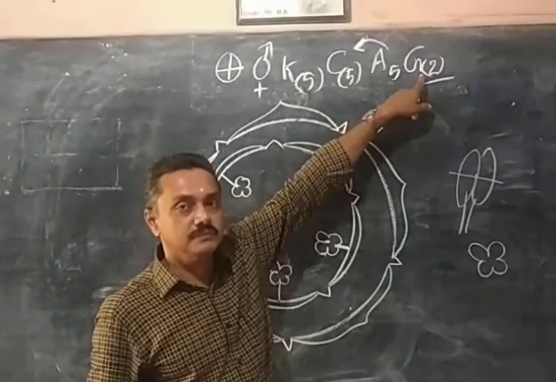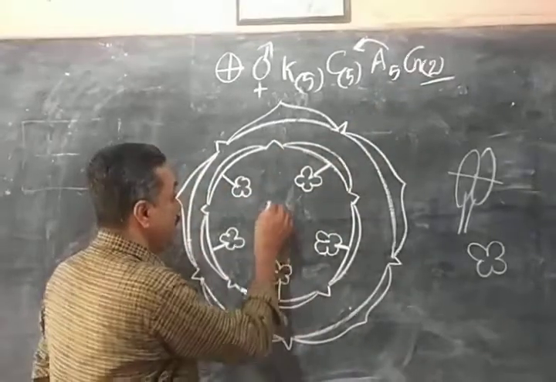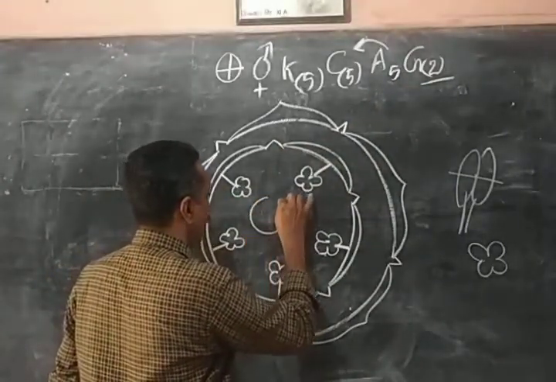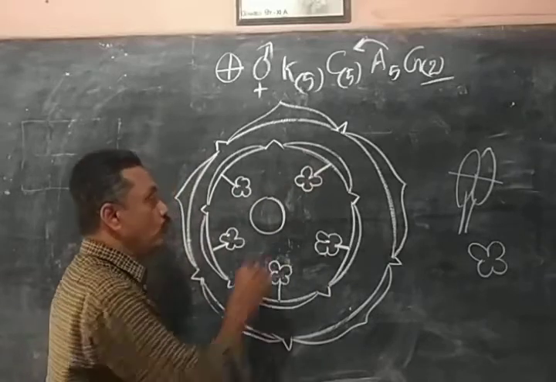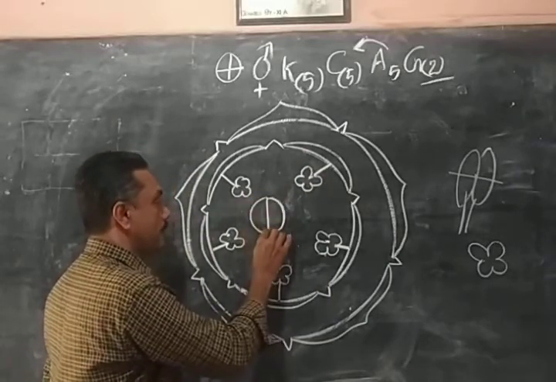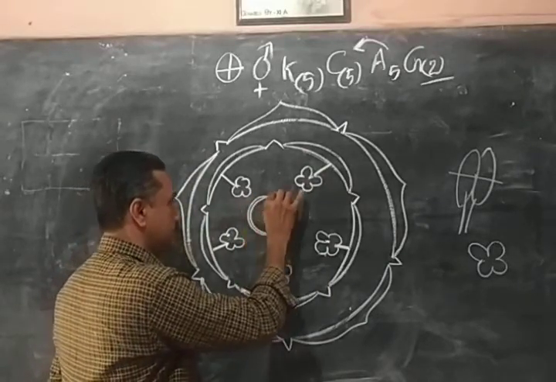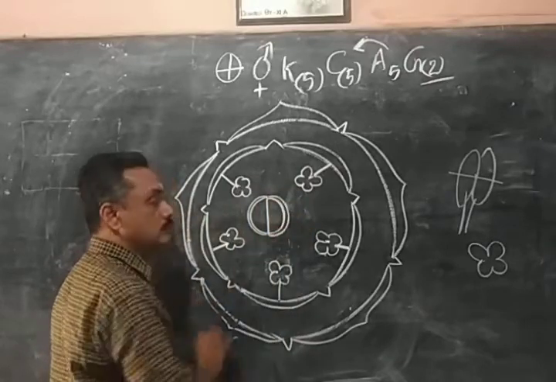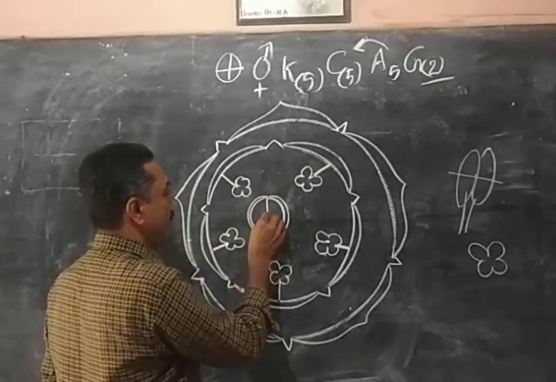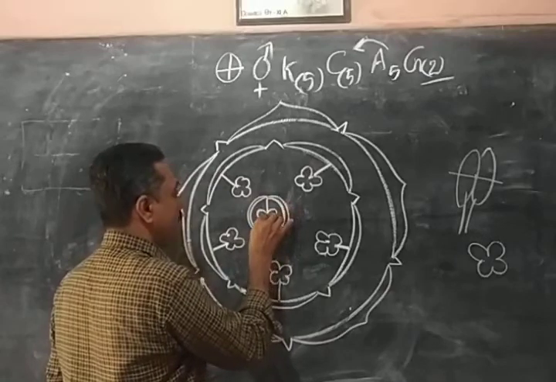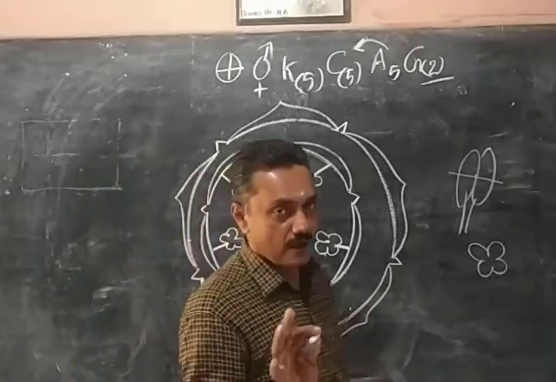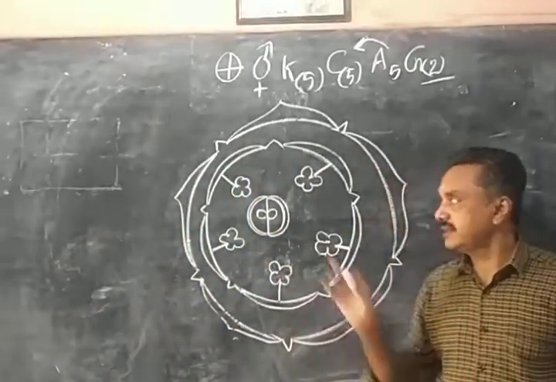Gynoecium. The innermost part of the flower is called gynoecium. Next circle, 2 pieces, 2 carpels, syncarpous, axile placentation. We cannot represent placentation in the formula, but you can represent it in the floral diagram.